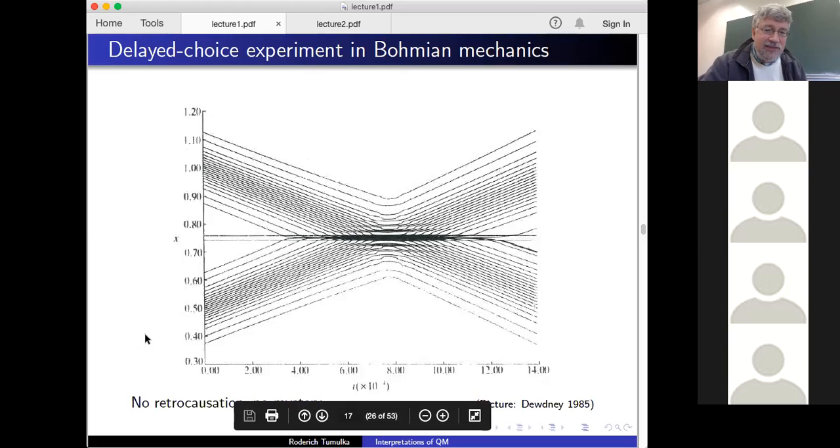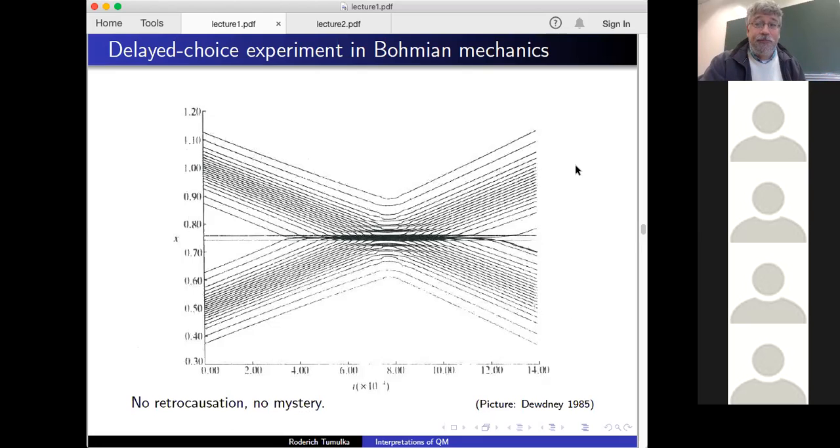And if it passes through the lower slit, then it arrives at the upper counter. Well, that is true if only one slit is open. If only the upper slit is open, then all of the wave function goes here and all of the trajectories look different. They don't have these curves. They're straight lines then. But if both slits are open, the trajectories change, and then it's no longer true that the trajectories coming from up here end up down there.